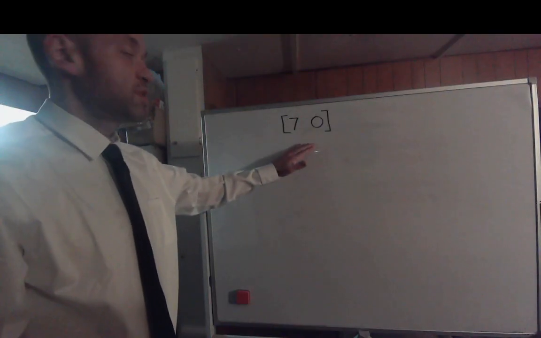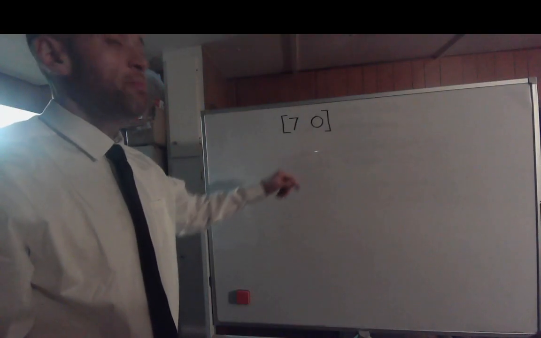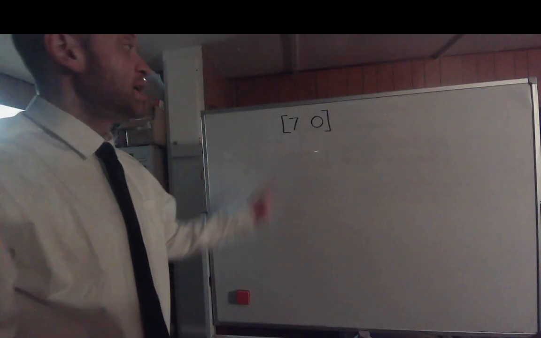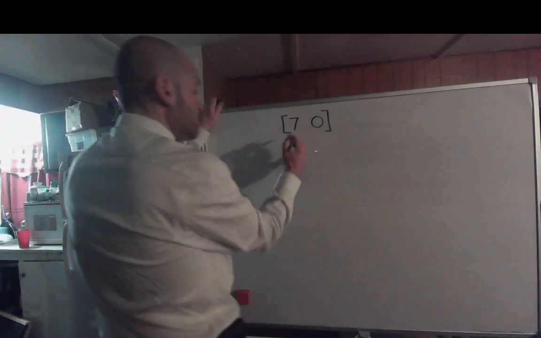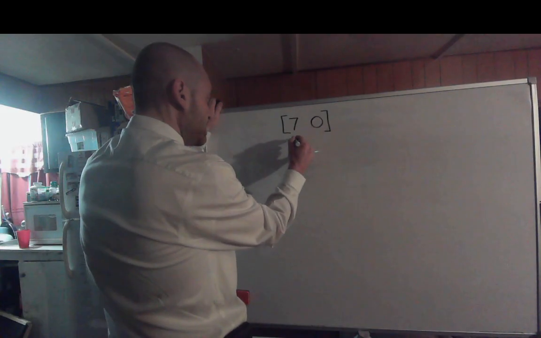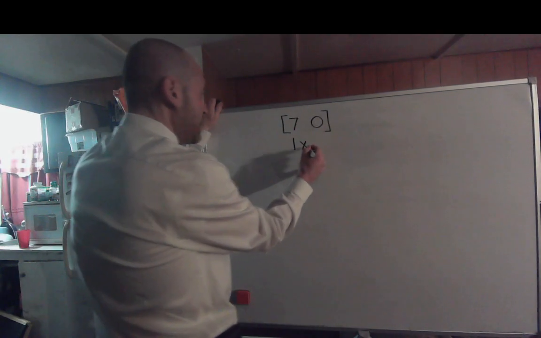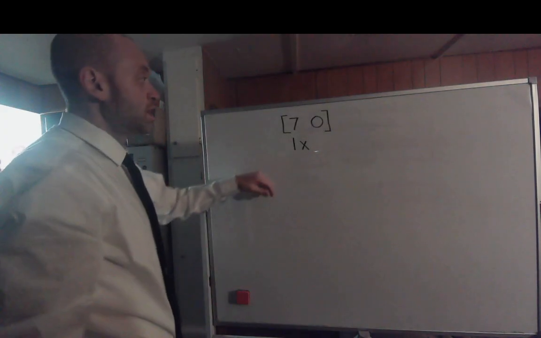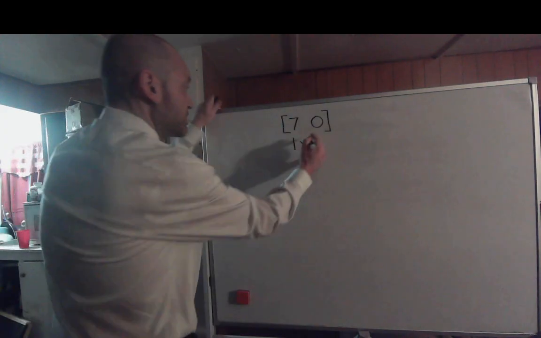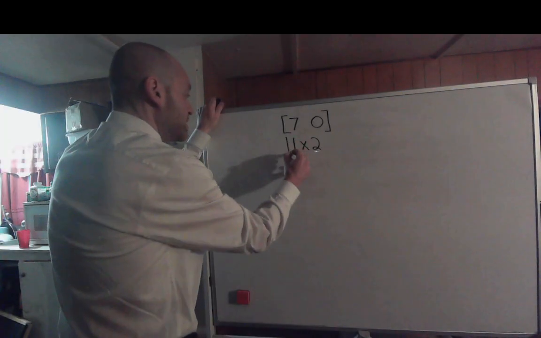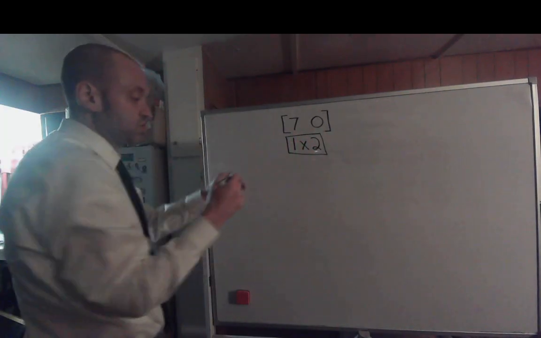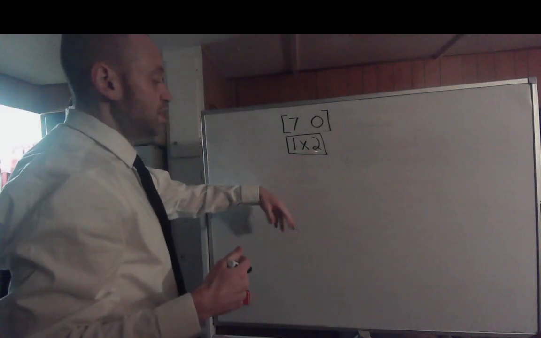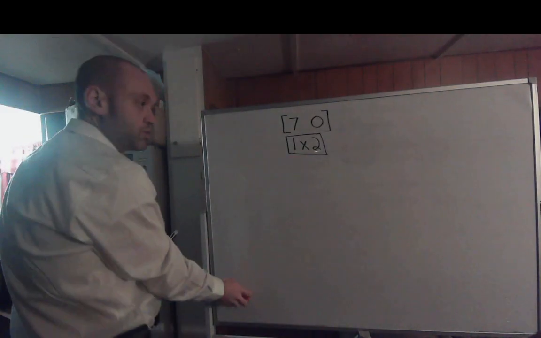How many rows does it have? It has 1 row straight across, so it'll be 1 by how many columns? It has 2 columns, so this is actually a 1 by 2 matrix. It's definitely not a square matrix, but this is a 1 by 2 matrix.